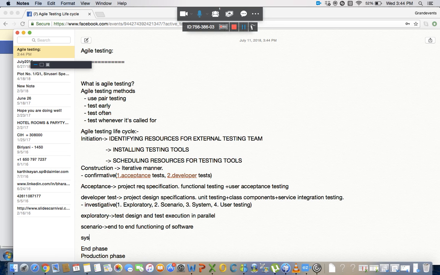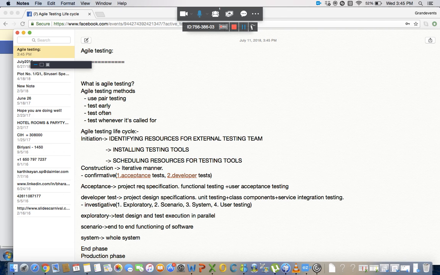Next is system testing. This method involves the whole software. The whole software will be tested on whether it is working as per the business needs. It is the process of testing an integrated system to verify that it meets the specific requirements or not.